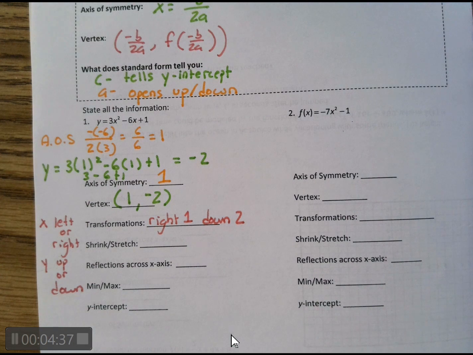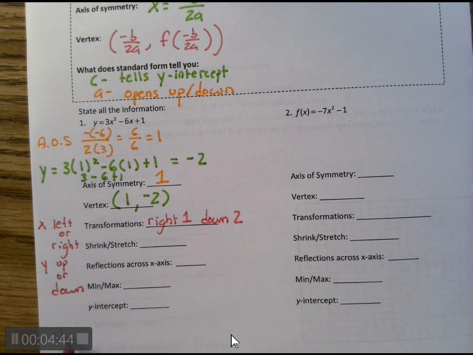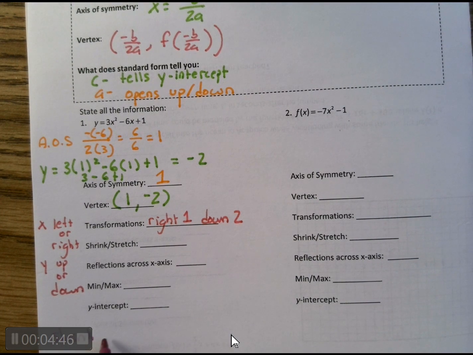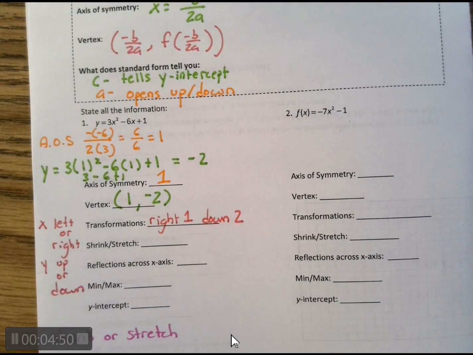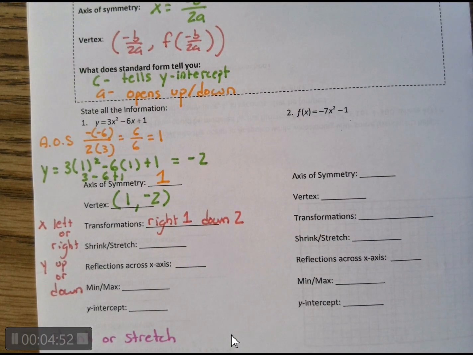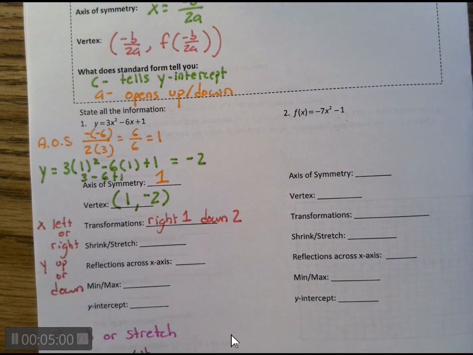Now, we have not talked about shrink or stretch yet, so I'll put it down here. When our a value is a whole number, it's going to be a stretch.